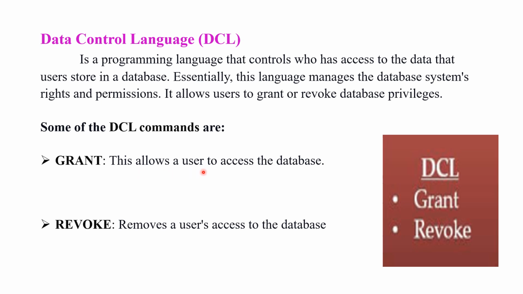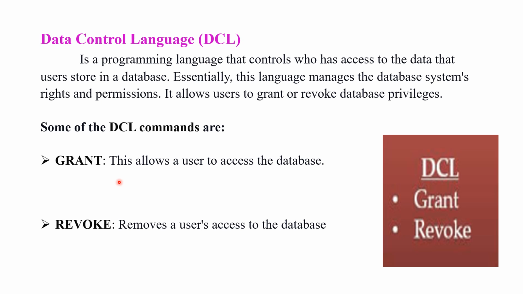The grant command is used to give the access to the database. If you are a user for the database, then you will be given the access for the database. That means whether you have read permissions, write permissions, or only execute permissions.